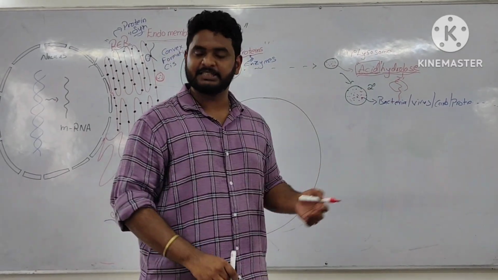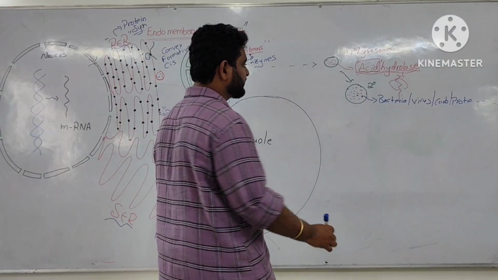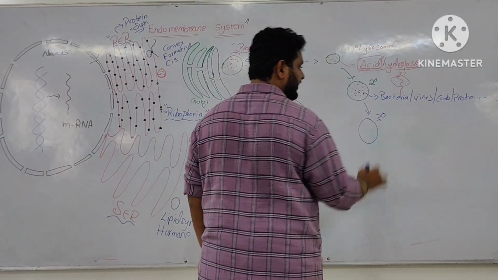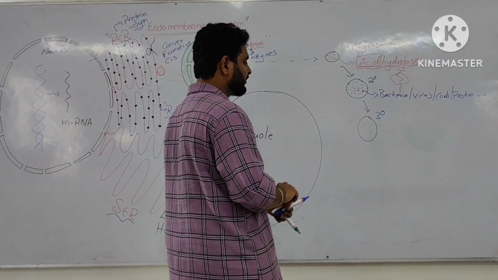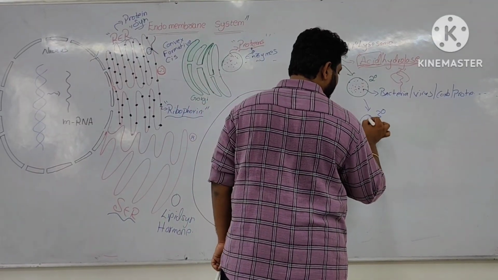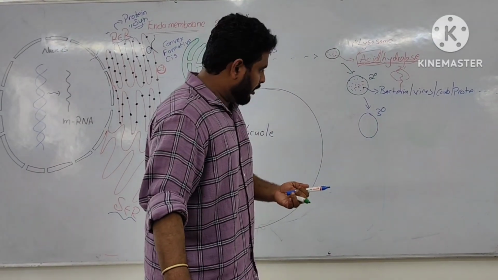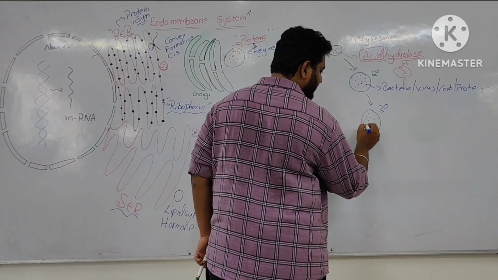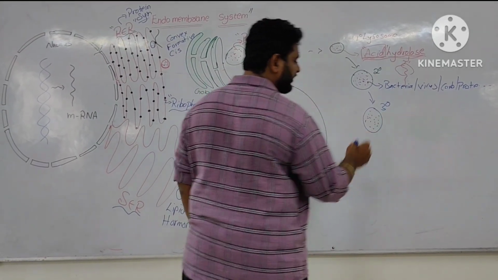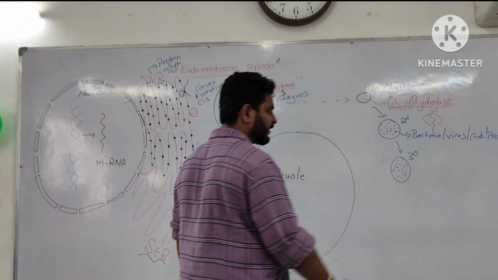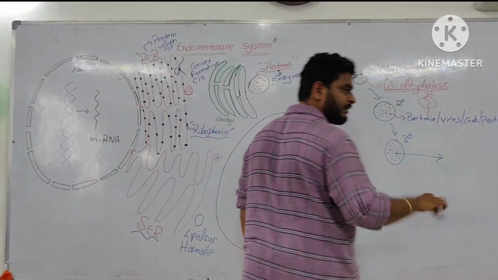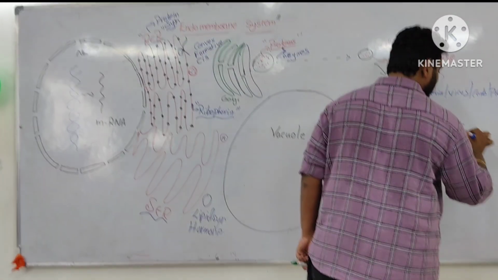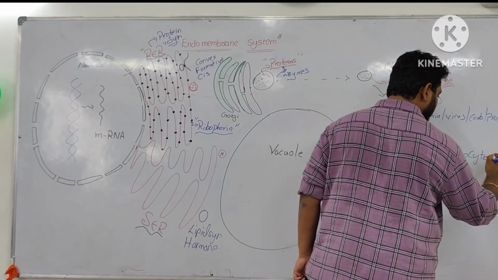They will obviously digest the entire content, and it forms a tertiary lysosome. Now this lysosome is only having waste products inside it. Now this tertiary lysosome will be sent out from the plasma membrane through exocytosis.